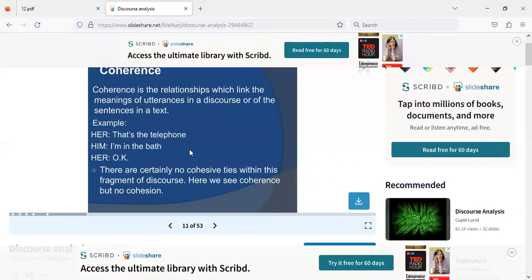There are certainly no cohesive ties. Can we find any grammatical, lexical relationship within this fragment? Like the Lincoln Convertible text, if you compare with that, can we find any kind of cohesive devices or ties here?